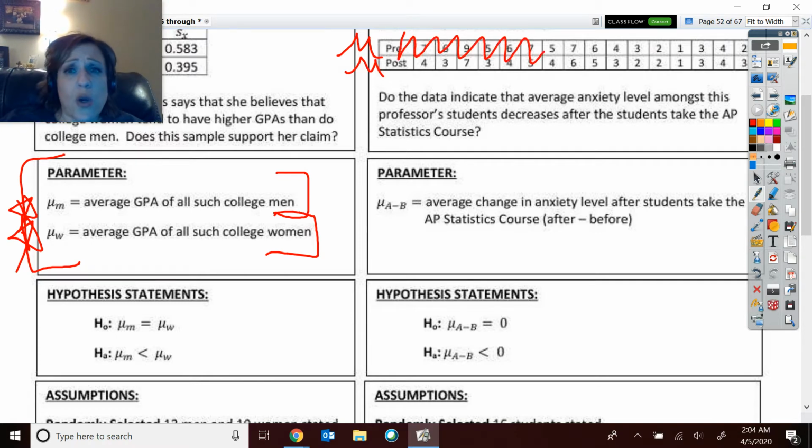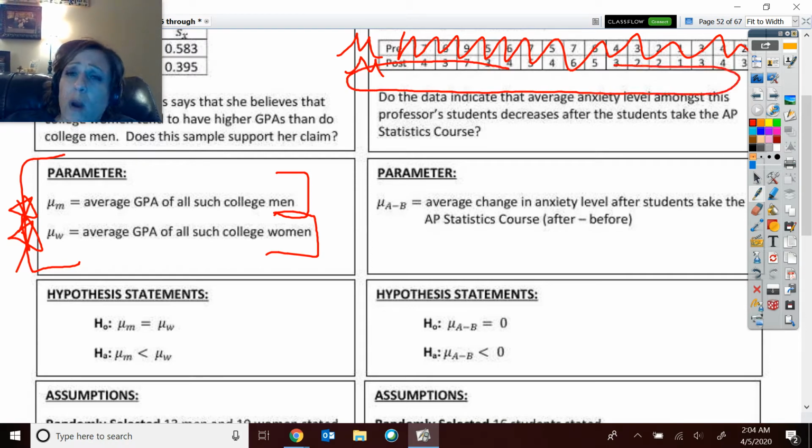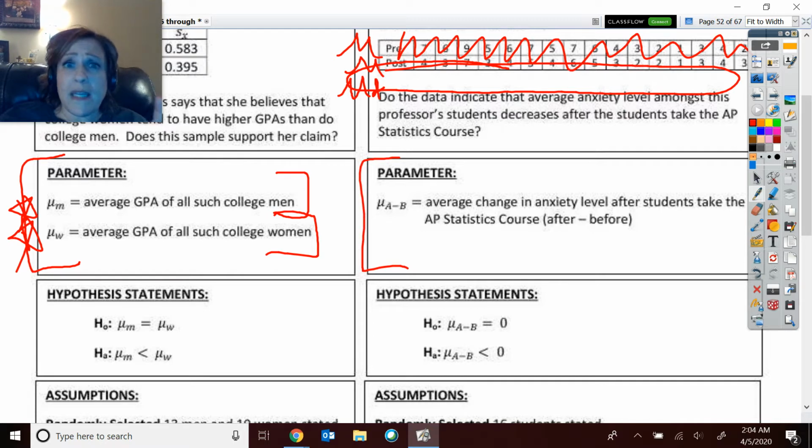I do not care where their anxiety levels began or ended. I'm just interested in the average of this list of differences. So one mean of those differences, mu, and then I did A minus B, so the after minus before.